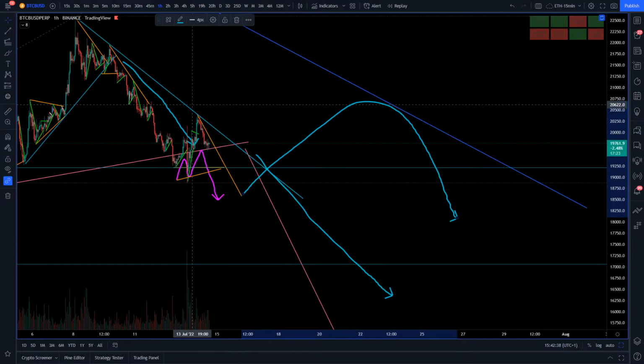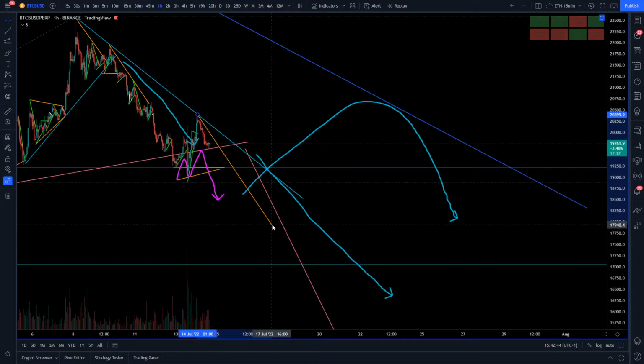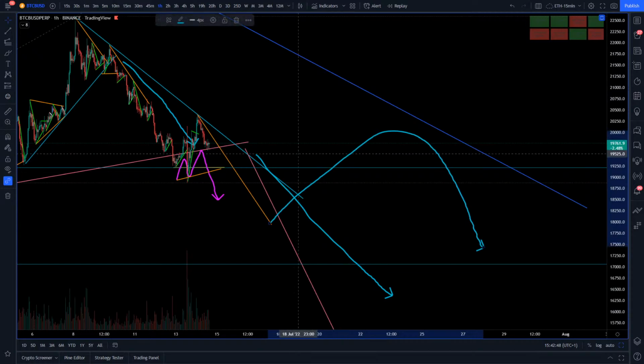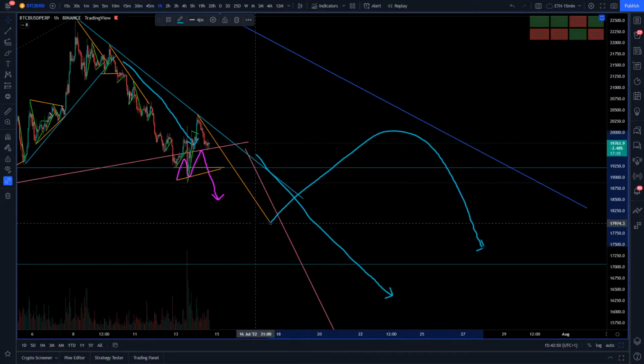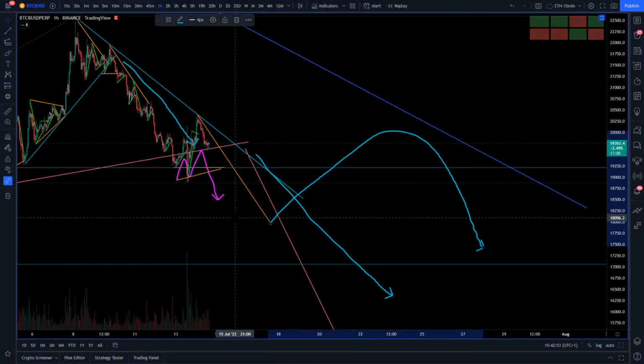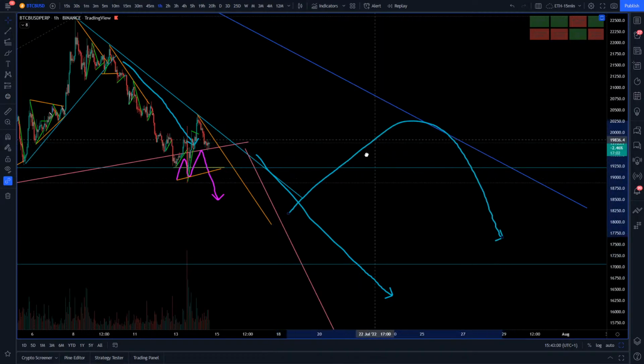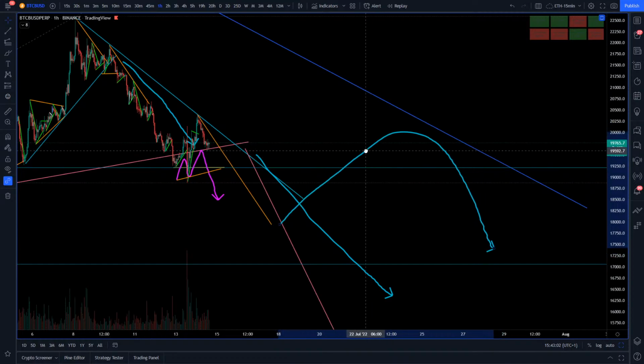It is showing that the daily will go down. The orange line will go down very soon. And after it goes down, there will be a reversal, and a reversal will be a retracement for that line.